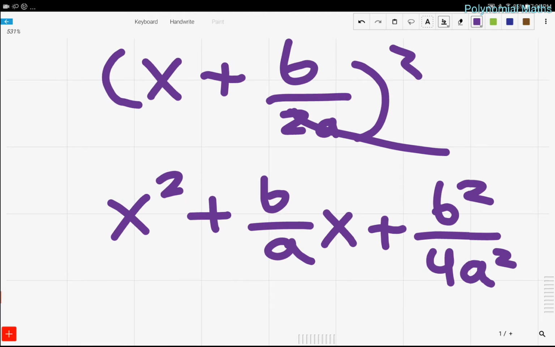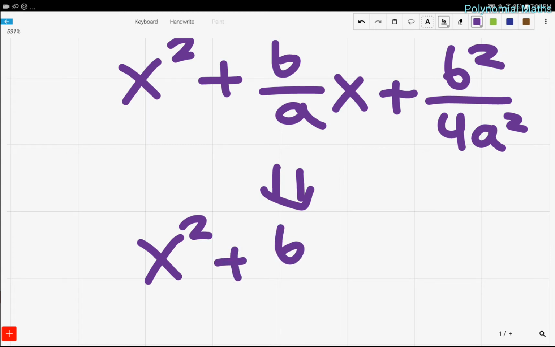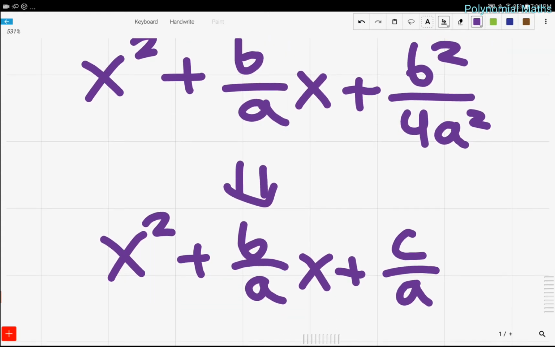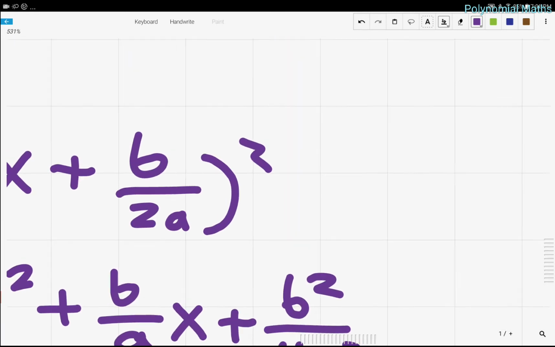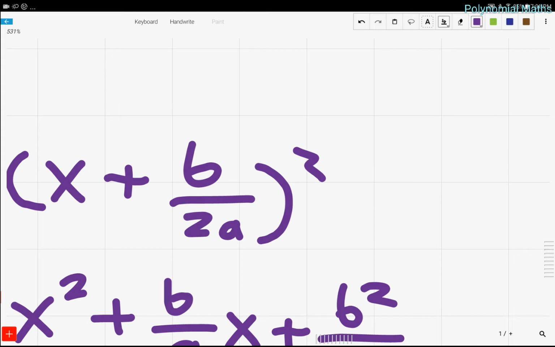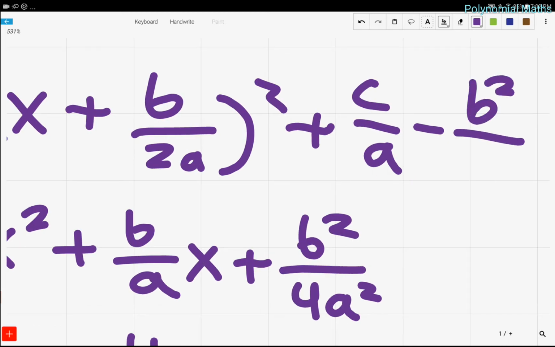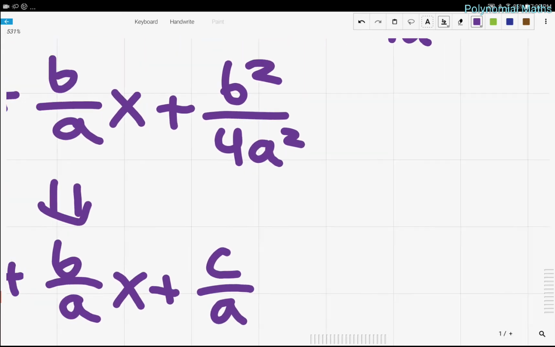So, in order to turn this into x squared plus b over a x plus c over a, all we have to do is subtract b squared over 4a squared and add c over a. So in other terms, this (x plus b over 2a) squared plus c over a minus b squared over 4a squared gets us what we want, which is this right here.